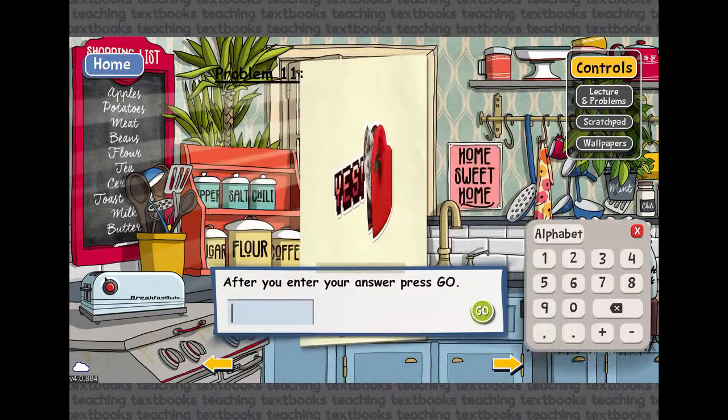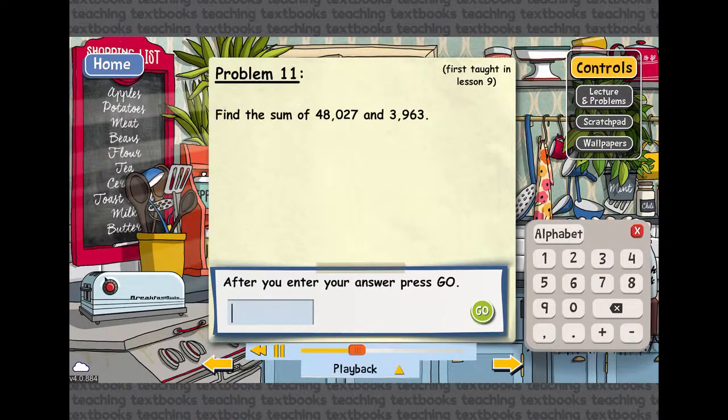Right. Problem 11. Find the sum of 48,027 and 3,963.